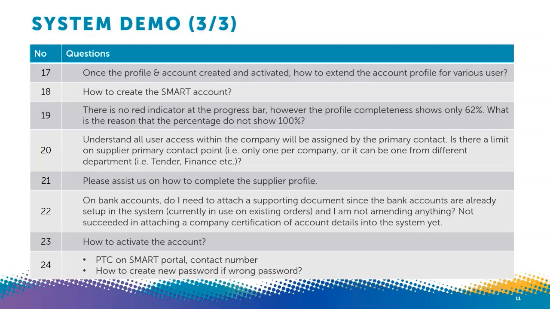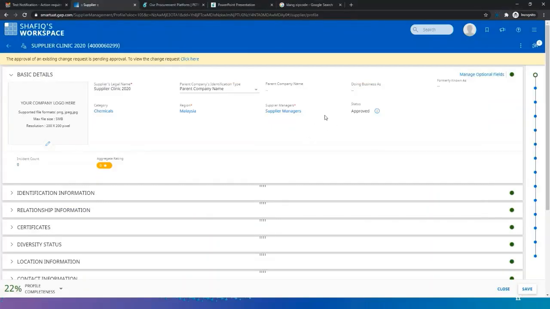How do we know our profile has been activated? Is there any icon to show our profile is already active? So it all depends on the status. You go to basic details here and the status is approved, right? This means that your profile is approved, your profile is good to go.